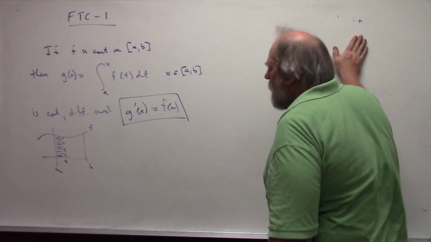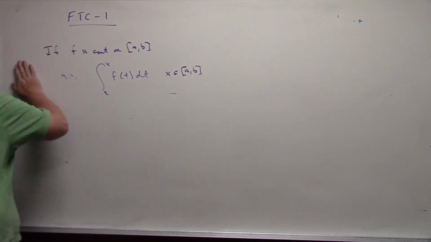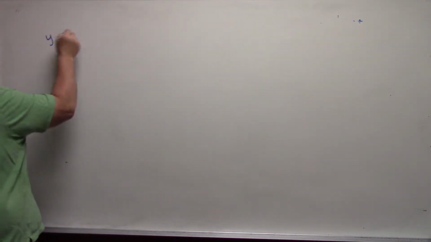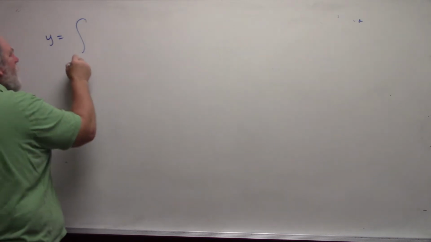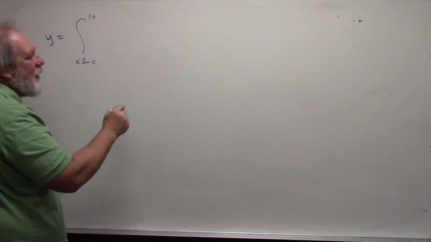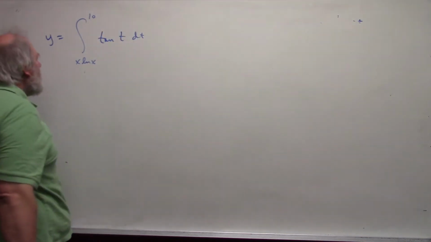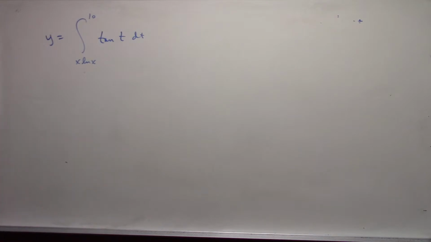Let's look at some a little bit more interesting examples. Suppose I have y equals the integral from x ln of x to 10 of tangent of t dt. For FTC1, we need the variable to be in the upper limit, not the lower limit.